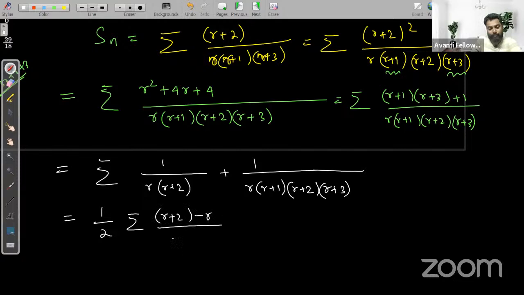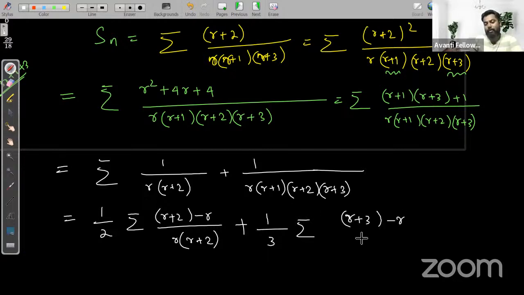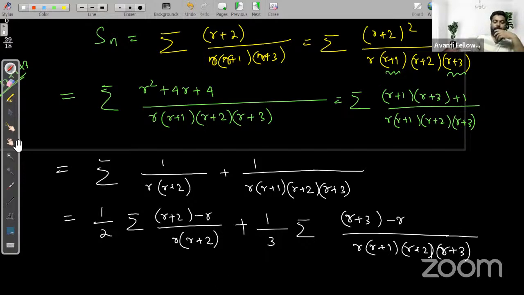Is it or not? Then r into r plus 2, I can write or not? Yes, I can write. Similarly, plus here I am dividing by 3 and multiplying by 3 also. So this 3 can be written as r plus 3 minus r. Is there any problem? No. So r into r plus 1 into r plus 2 into r plus 3, right?